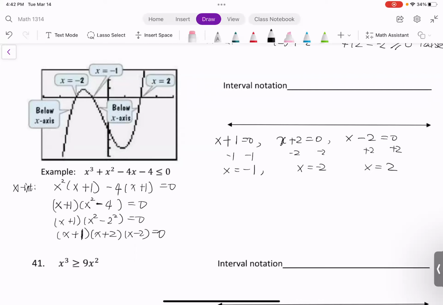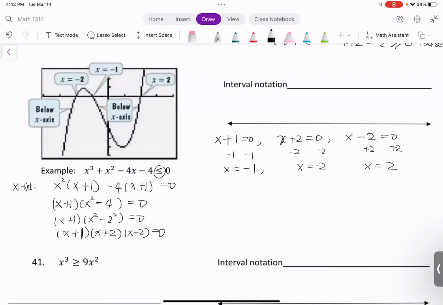We have 3 key points. So let's plot them. And you see this is less than or equal to, so these 3 points are all solid dots: -2, -1, +2.